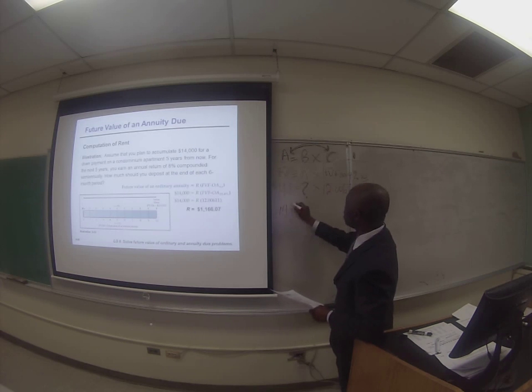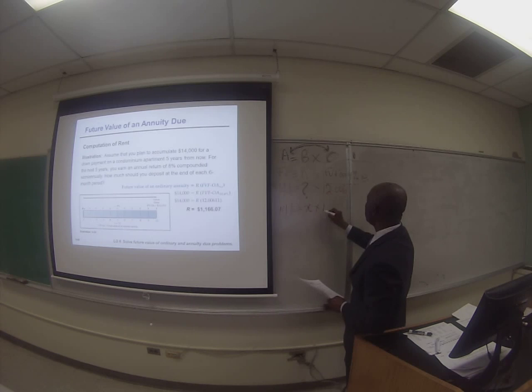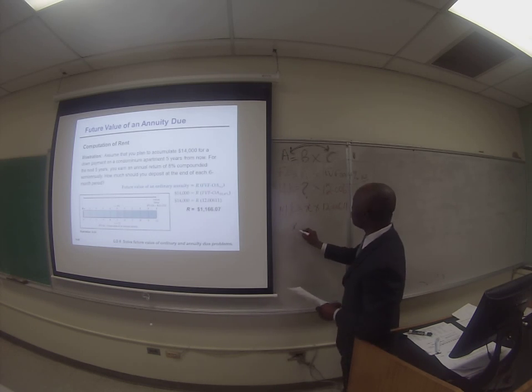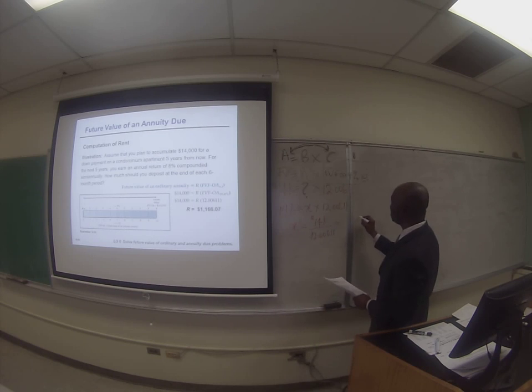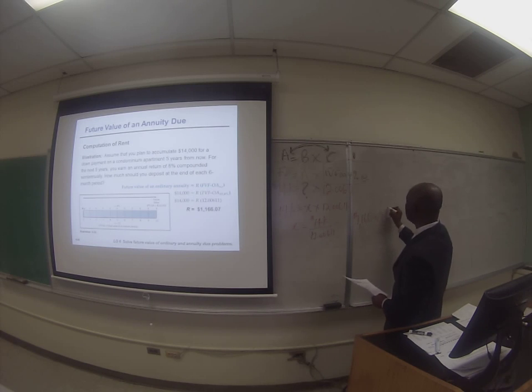So 14,000 is equal to X multiplied by 12.00611. So to solve for X, that will give you 14,000 divided by 12.00611. If you do that math, that will give you 1,166.07.